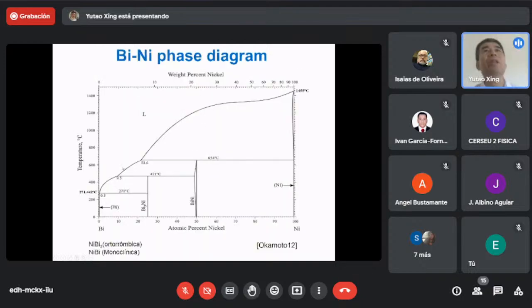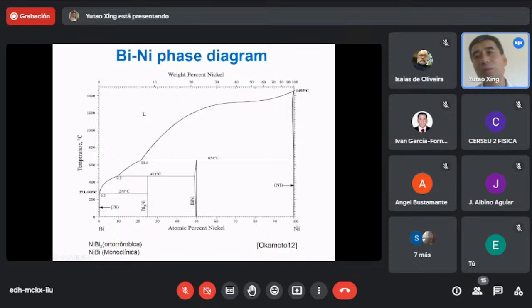So then we come to the nickel bismuth phase diagram. We can see here is 100% nickel, and this side is 100% bismuth. And in between, there are two intermetallic compounds. Because it's close to bismuth, it has more bismuth: Bi3Ni.